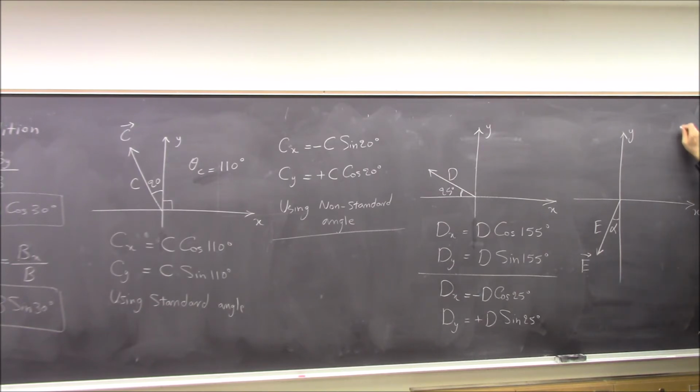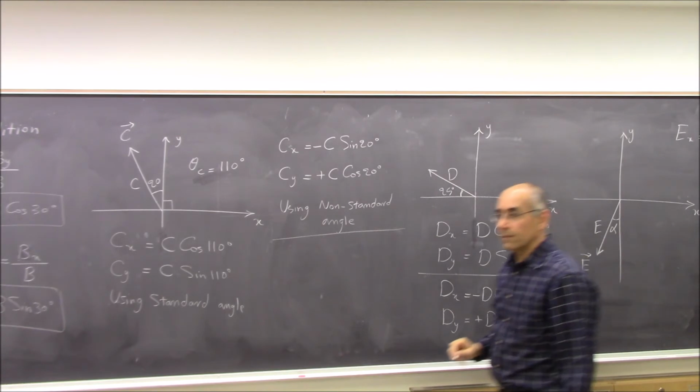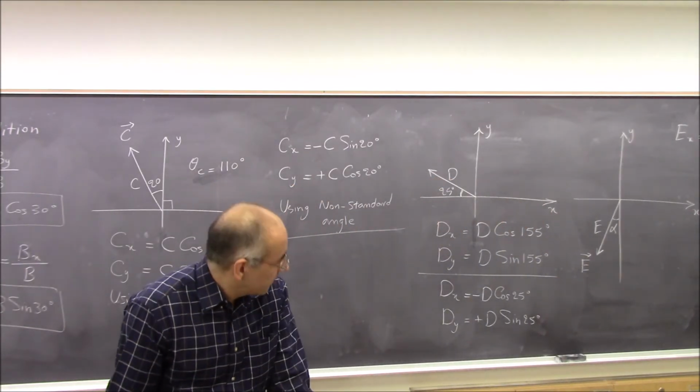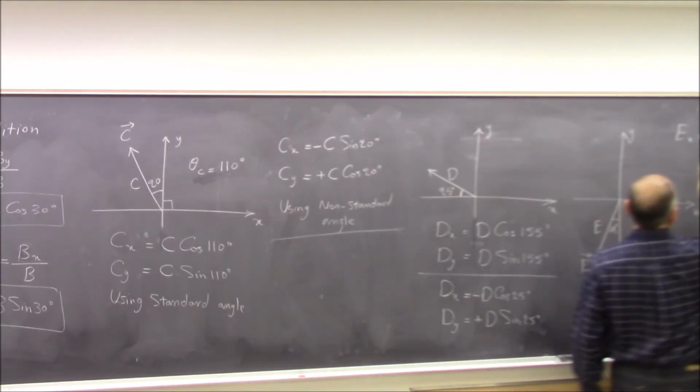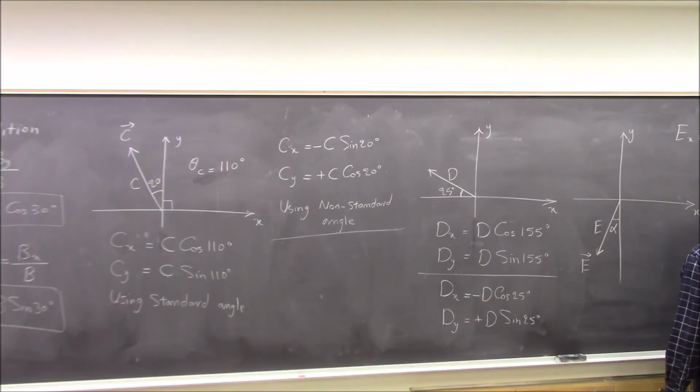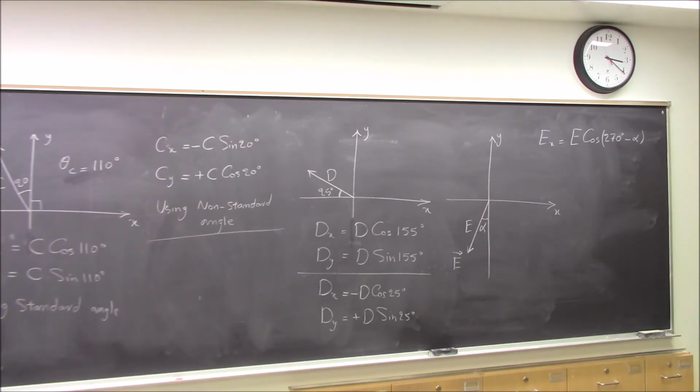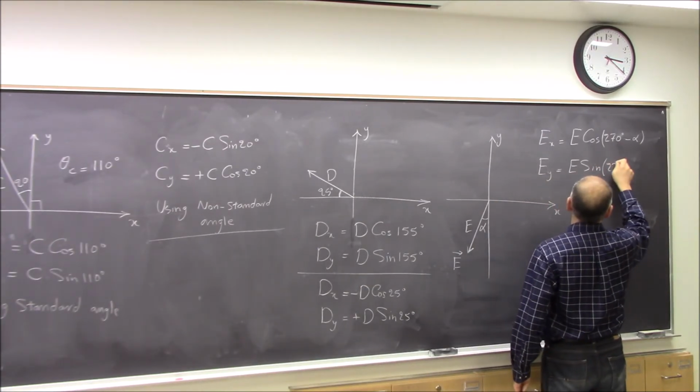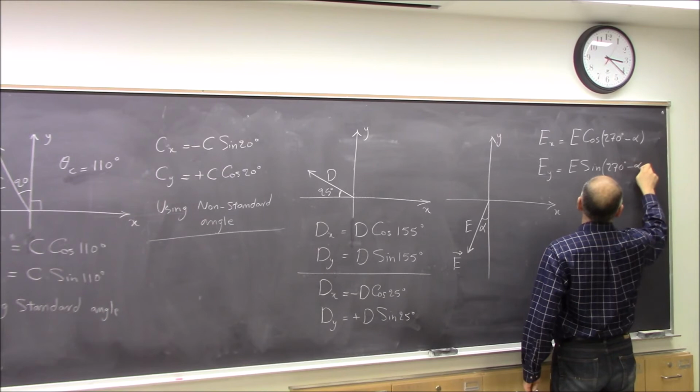What is Ex? E cosine of 270 degrees minus alpha. Yes, we use a standard angle, and that automatically gives you the right answer. And Ey is E sine of 270 minus alpha.